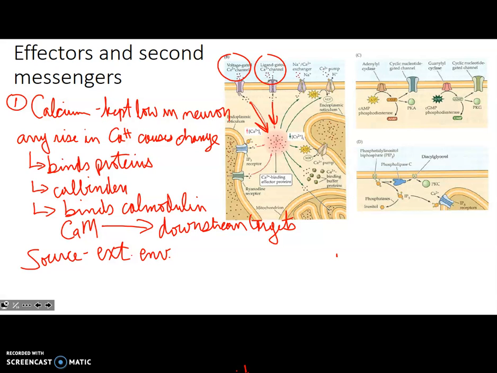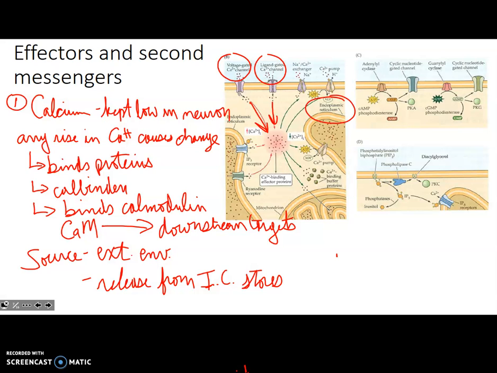The second way that we can get calcium concentration to go up is when we release it from intracellular stores. Places where calcium is kept quite high are in the ER, the endoplasmic reticulum.